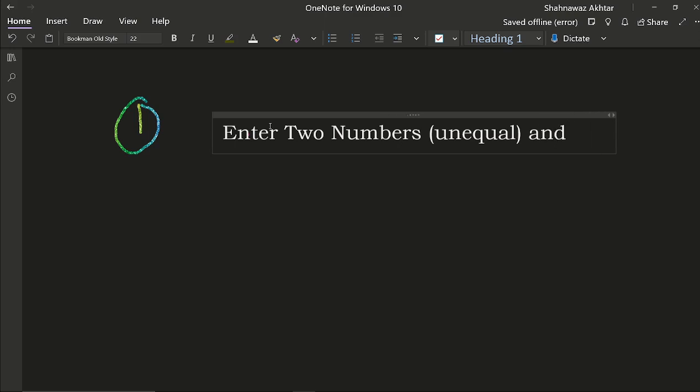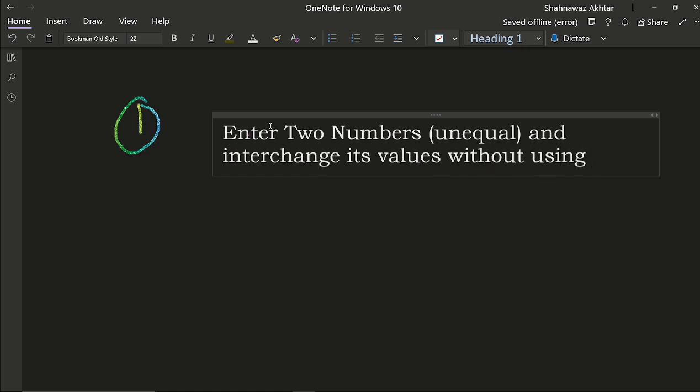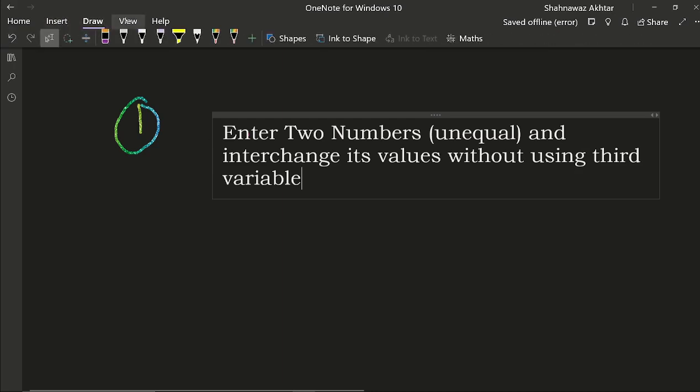And what you have to do is interchange their values without using a third variable. Let me first explain the question, and then we will solve it using Java.